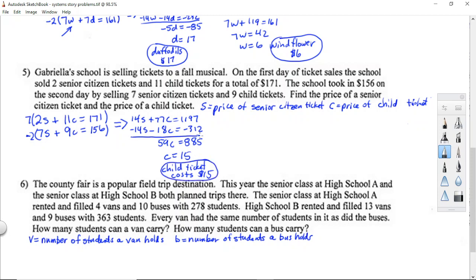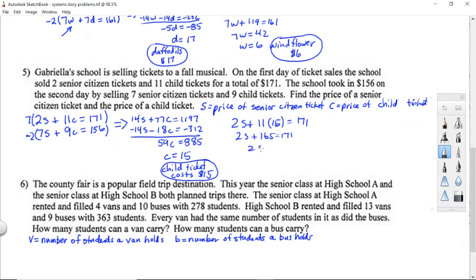Now we got to calculate the price of the senior citizen ticket. We'll do that using this first equation, 2s plus 11c equals 171. 2s plus 11c, but c is 15, right? That's what we found. So that's 2s plus 11 times 15 is 165 equals 171.